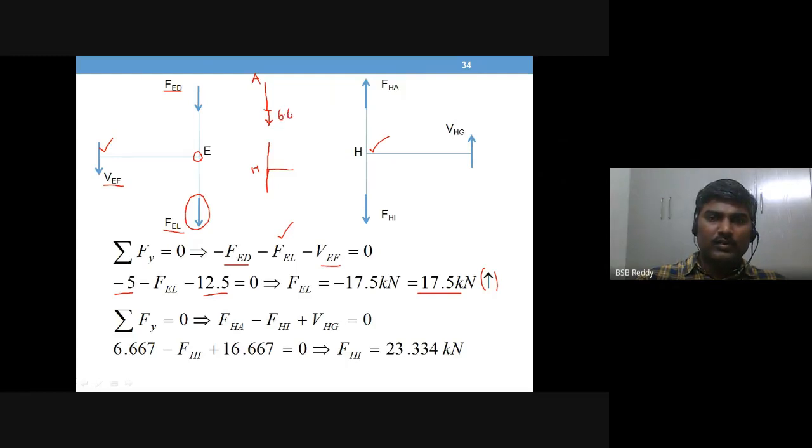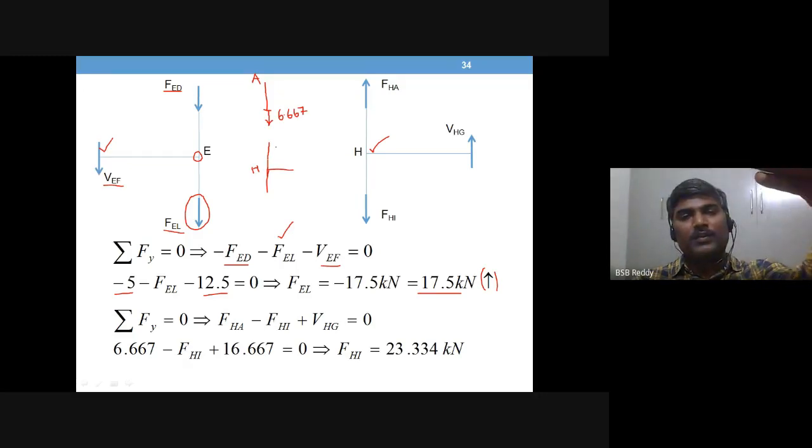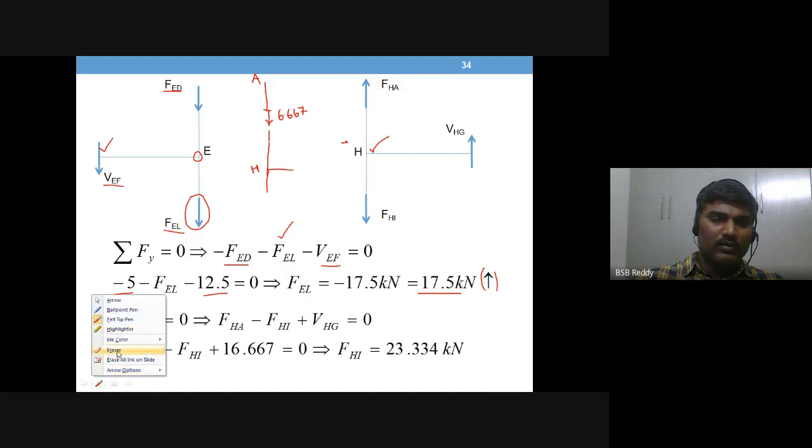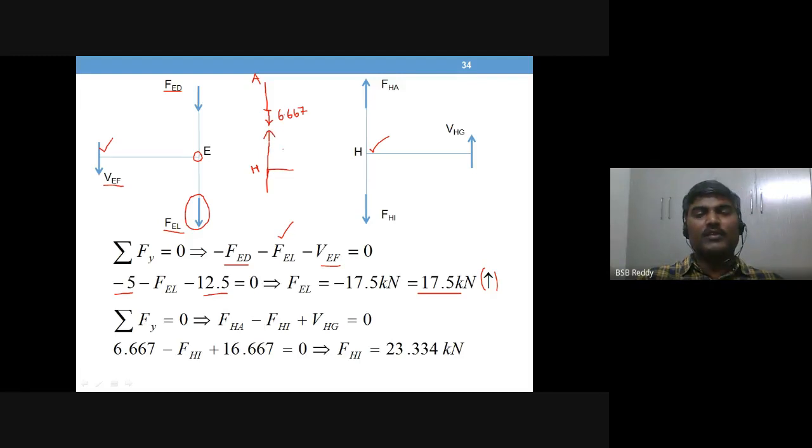You have solved this one, 6.667. So for this part of the column, that is the upper half of the column, and this is the lower half of the column, right? So for this, how should your axial load be? So for this one, it should be like this.